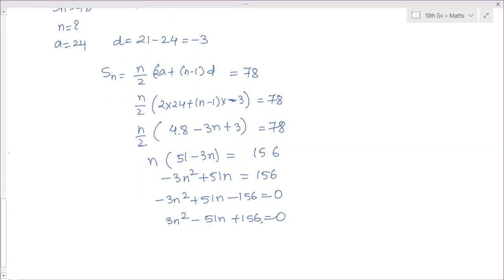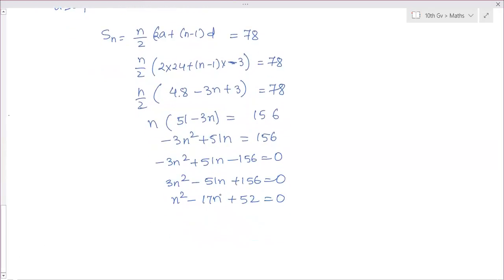And then all the terms are divisible by 3. So divide it. n square minus 17n plus 52, since 3 fives are 15, 3 twos are 52. So we have to solve this. 13 and 4. n square minus 13n minus 4n plus 52 is equal to 0.